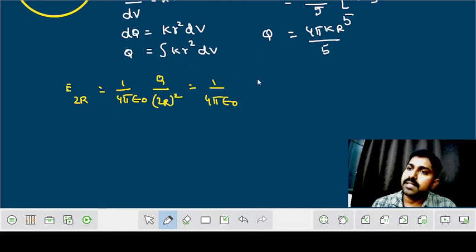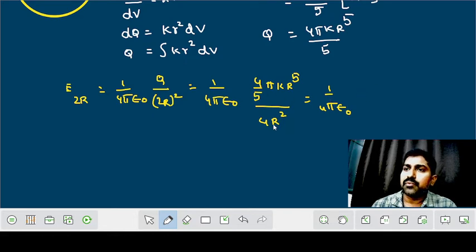So you can write Q as 4 by 5 pi k R power 5, by 2r whole square, that is nothing but 4r square. Since we are going to take a ratio, the 1 by 4 pi epsilon naught will cancel, that's why I am writing separately. 4 and 4 will get cancelled, and one r square also will be cancelled. So the remaining equation is pi k r cube by 5. That is the equation for the electric field intensity at a distance 2r from the center.